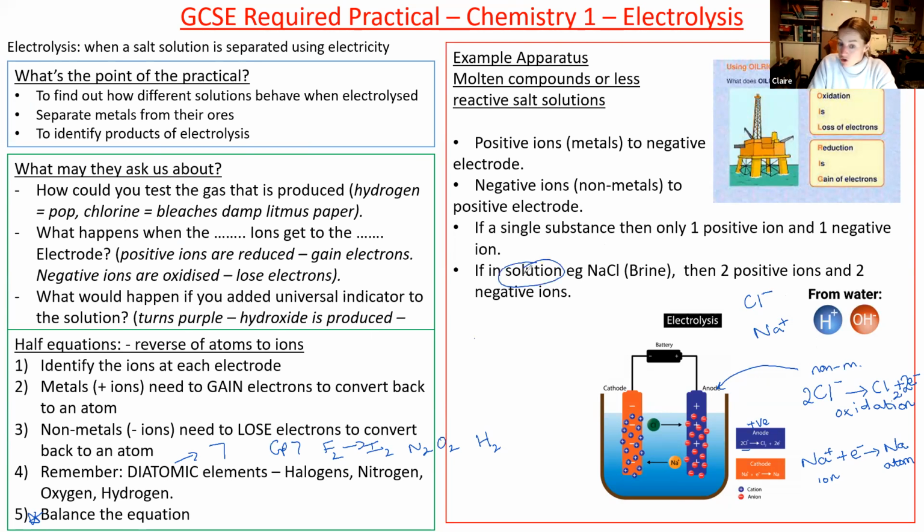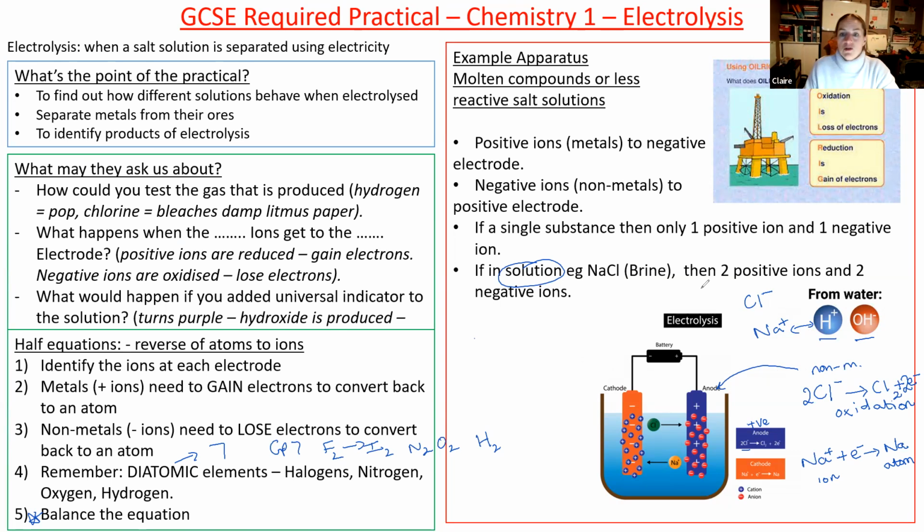As soon as it says solution, there's water involved as well. So you have to consider positive hydrogens. So your 2 positive ions here will get attracted to the negative. And then your 2 negatives, which will be your chlorine and your hydroxide ion, will get attracted to the positive.